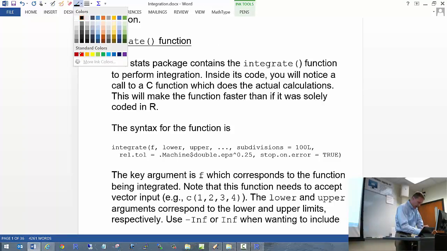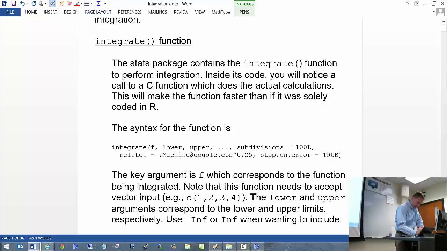It works a little bit like when we were working with the optim function in R, where we had to write an R function to represent a mathematical function that we wanted to optimize. Then, as you might expect, you put in your lower bound and your upper bound with respect to what you're integrating over. And then we have some other options as well that we'll talk about as we go along.